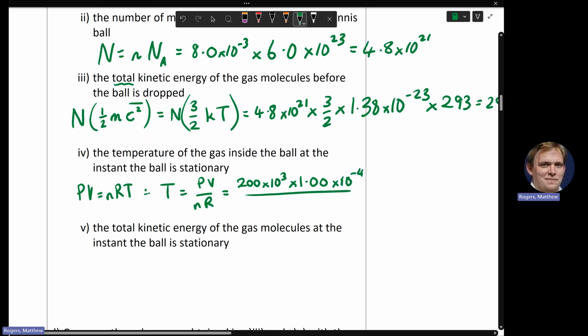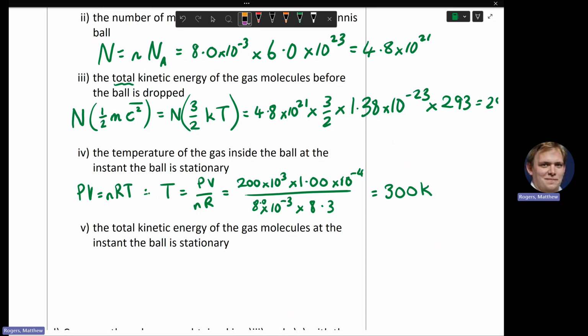The number of moles, not particles, is 8 times 10 to the minus 3, multiplied by the gas constant, which we can just have as 8.3. So when we calculate this, we get a new temperature of 300 kelvin. If I write it to two significant figures, it would be 301 if you were going to 3, but I think we should still really be at two significant figures.